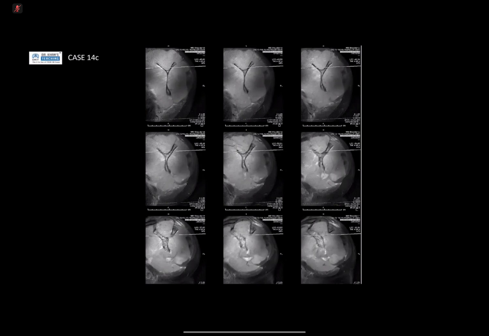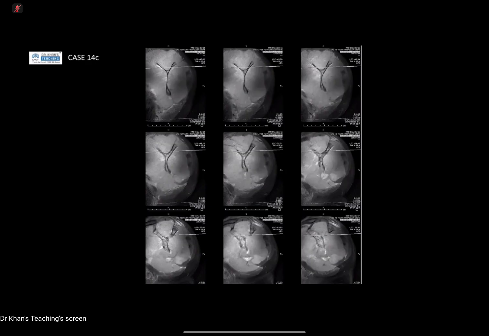This is the second most common primary bone malignancy in children after osteosarcoma. It has caused cortical destruction, and I see some pooling of contrast within. The lesion is quite big and involving multiple muscles around.